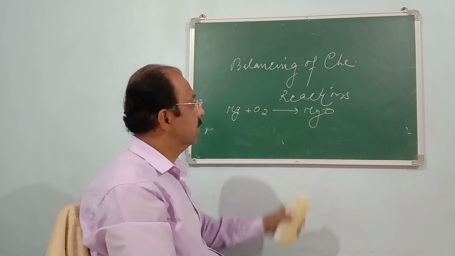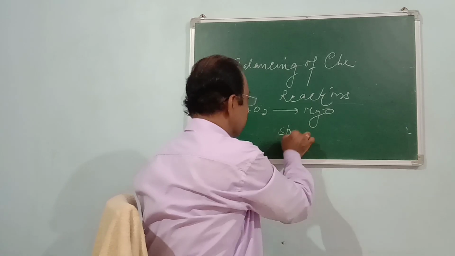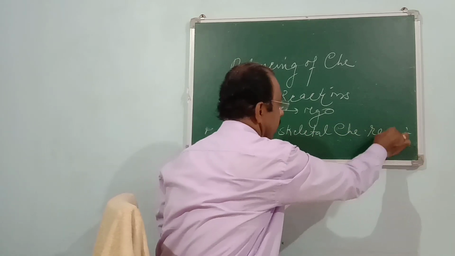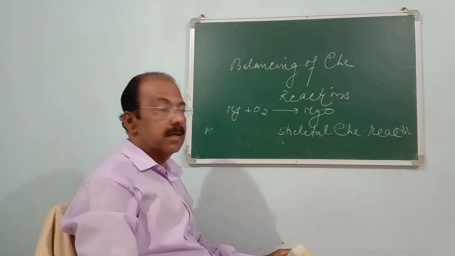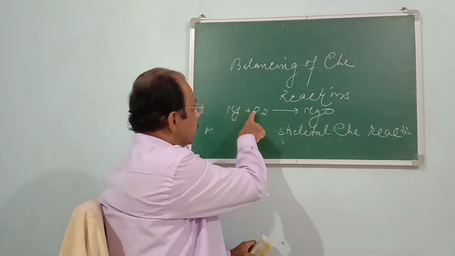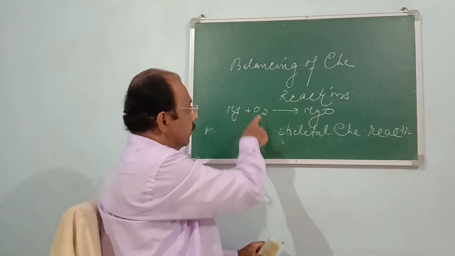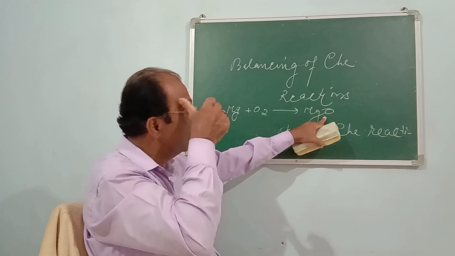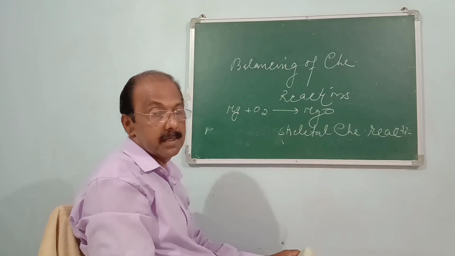This kind of reaction we call a skeletal chemical reaction. Skeletal chemical reaction. What does it mean? Here you see the number of atoms of each element: one atom of magnesium reacts with two atoms of oxygen to form magnesium oxide, which has one atom of magnesium and one atom of oxygen.